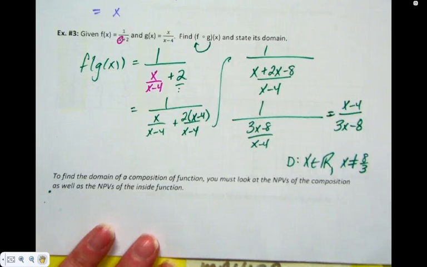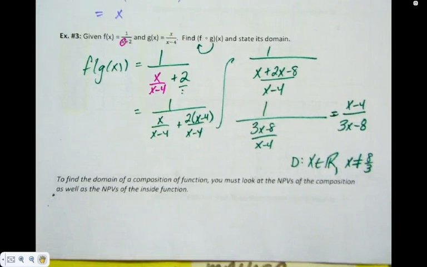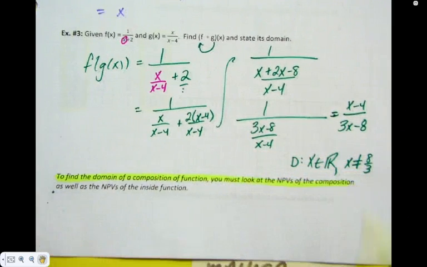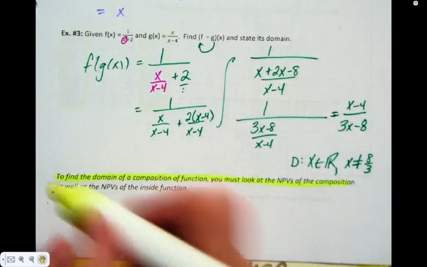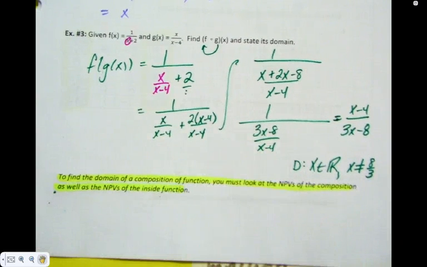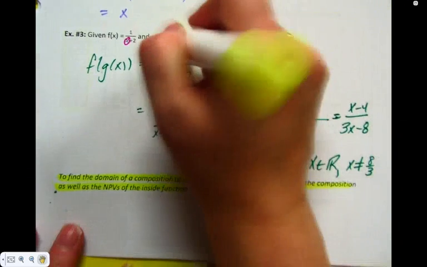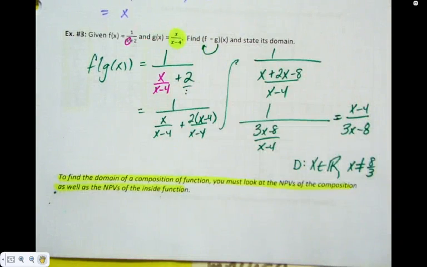Questions so far? To find the domain of a composition of functions, you must look at the NPVs of the composition as well as the NPVs of the inside function. So this actually isn't our domain finished yet. This is just the NPVs of the composition. What also will affect it is the NPVs of the inside function, which in this case is g of x.